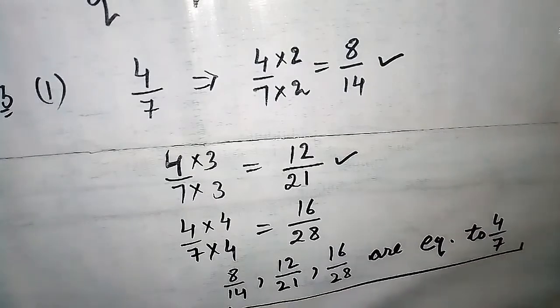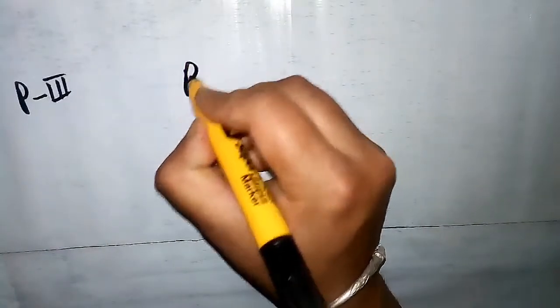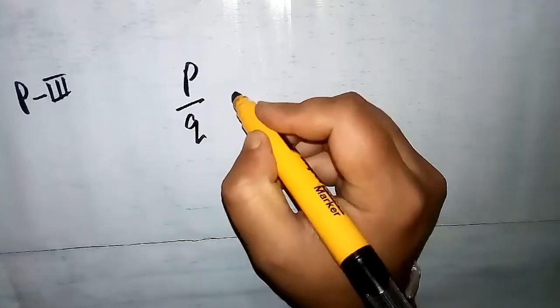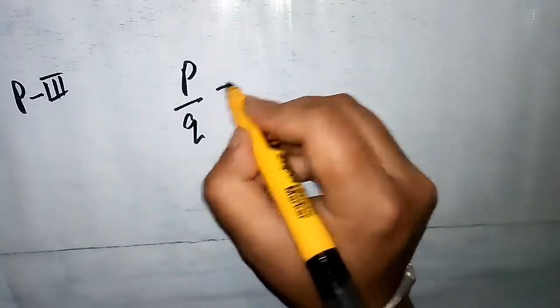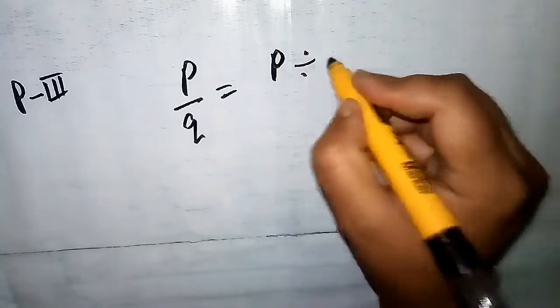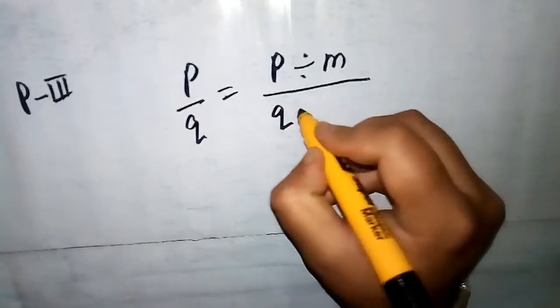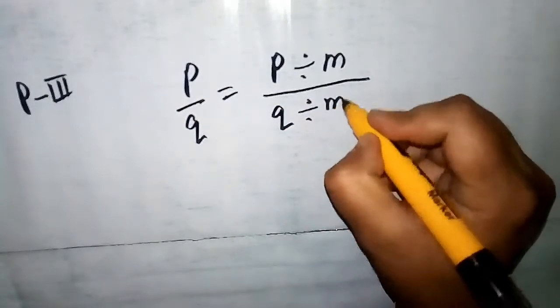Now let us see one more property, that is the third property. If p upon q is a rational number, it will be equal to p divided by m upon q divided by m.